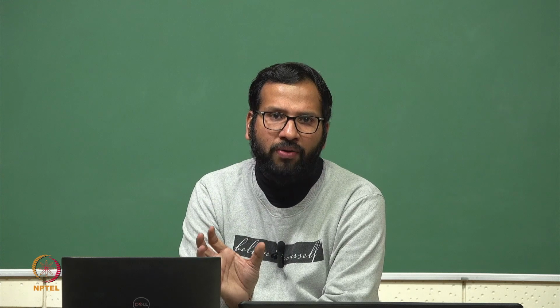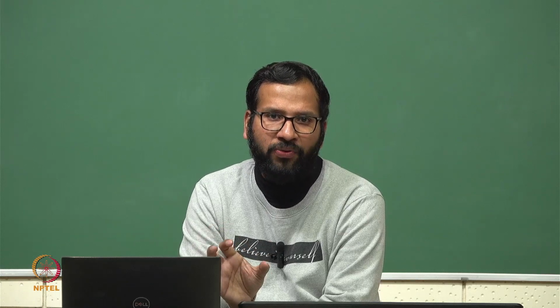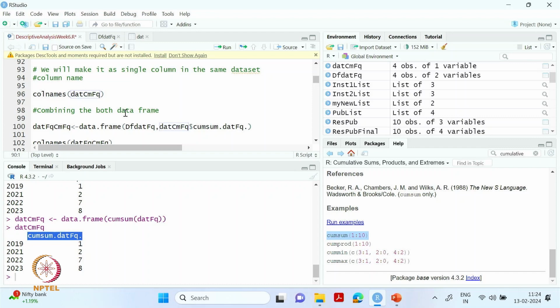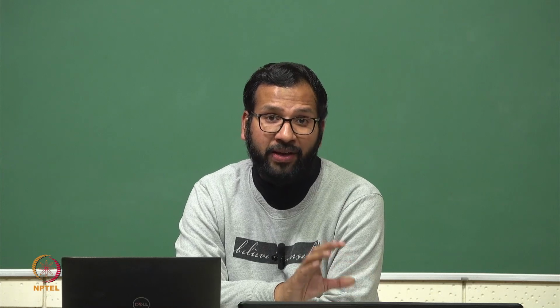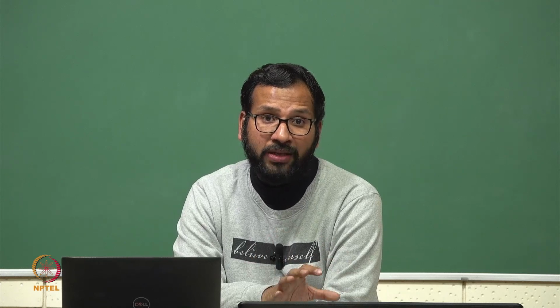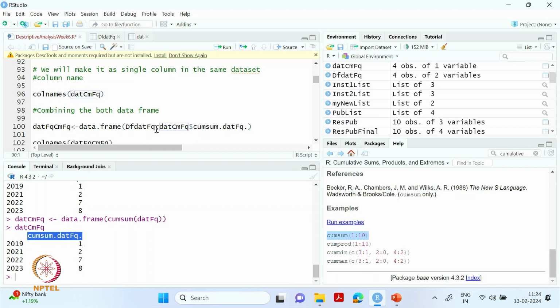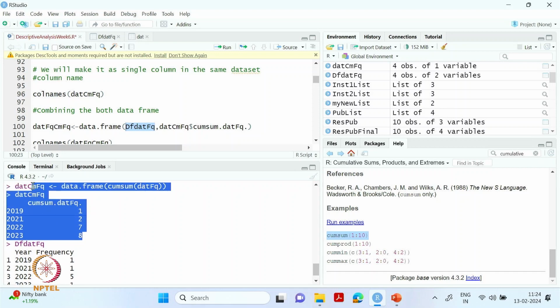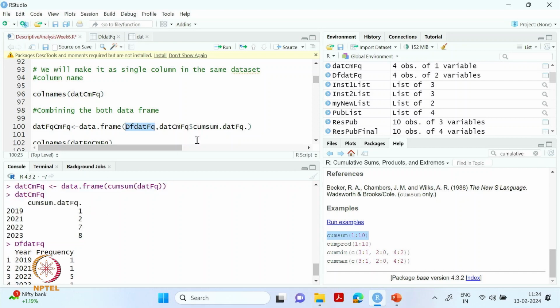So now we will combine this cumulative frequency with our earlier analysis. To do that, we have to create a data frame. We already have one data frame which has year and this frequency. Now we will add the cumulative frequency. So how will we do that? This we already have, and we will add one more column from this particular data frame.